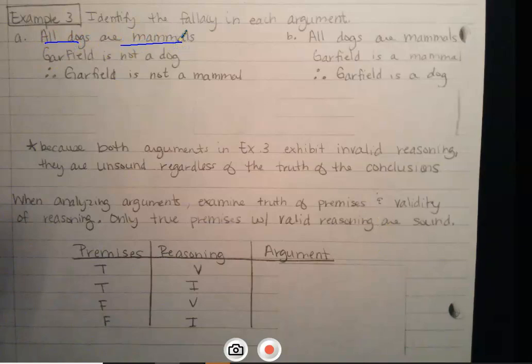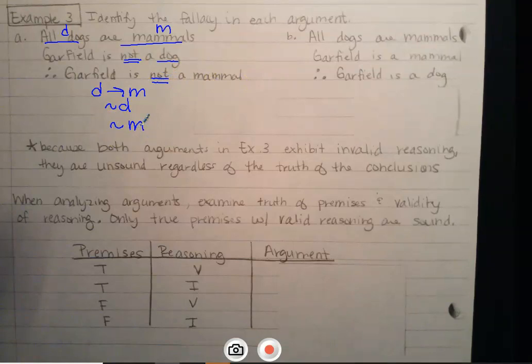So if this is, let's do D for dogs and M, we'd have if dogs, then they're mammals. Garfield is not a dog. So that's going to be a not dog. And then it says Garfield is not a mammal. So now we have not mammal.